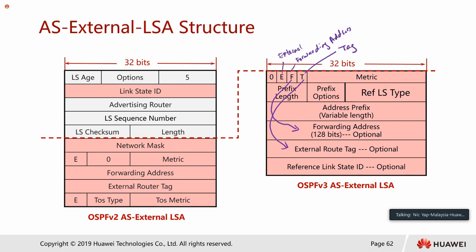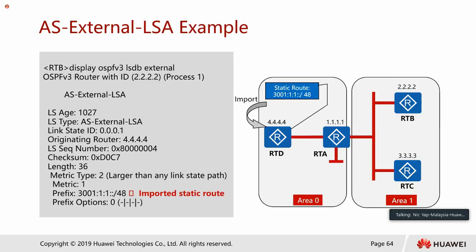So this is the AS external LSA structure under type 5. And how does it look on type 5? Let's say right now on router D, I import a route of 3001:1:48 into OSPF.